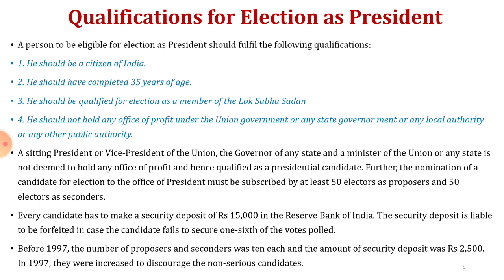The security deposit is liable to be forfeited if the candidate fails to secure 1/6 of the votes polled. Before 1997, the number of proposers and seconders was 10 each and the security deposit was 2,500. In 1997, they were increased to discourage non-serious candidates.